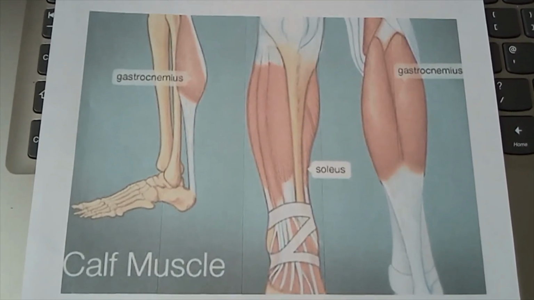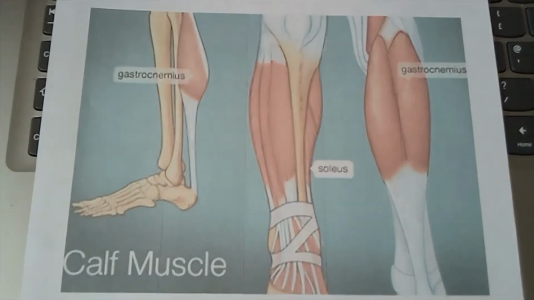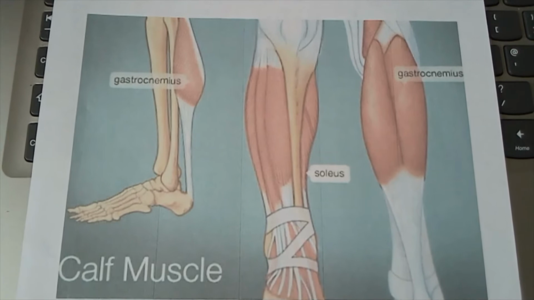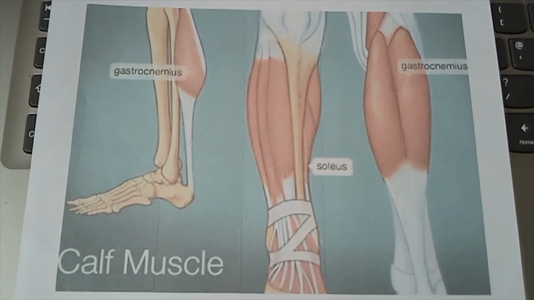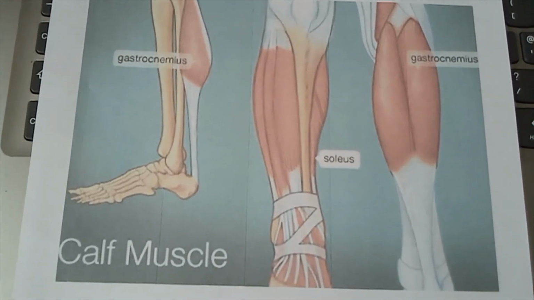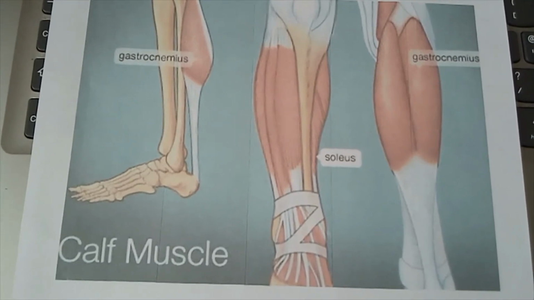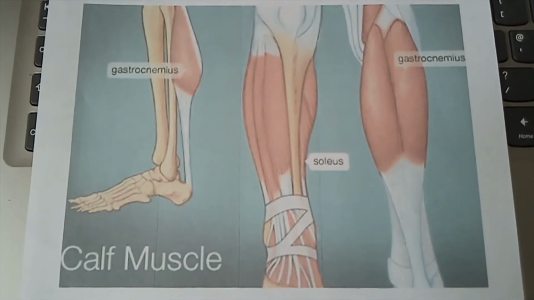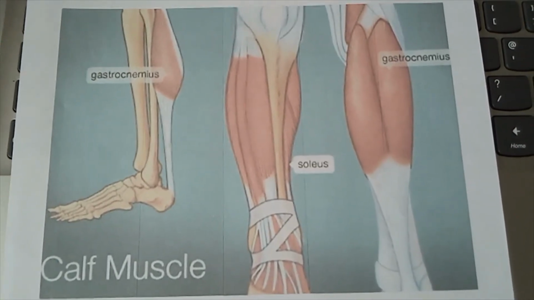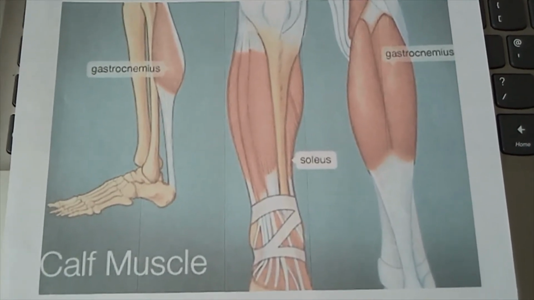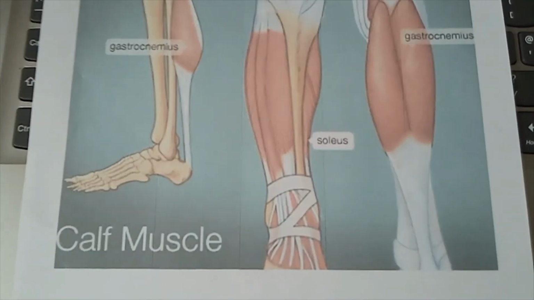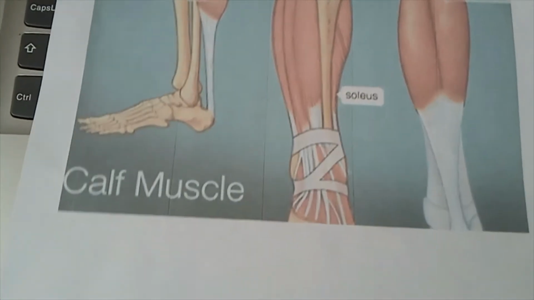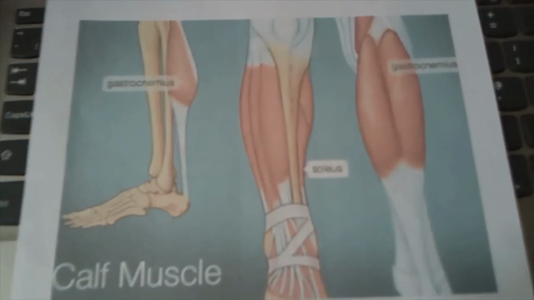That is actually responsible not only for plantar flexion of the ankle, so when you're standing up on your toes, but also flexion of the knee. And so this is why, when people come for a sports massage assessment, I may observe them doing a squat.